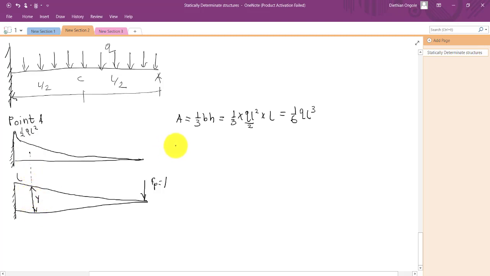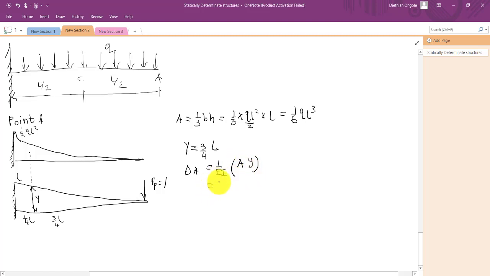From the idea of similar triangles, this part here would be 1 over 4L, then this side here would be 3 over 4L. So when you use similar triangles here, we find that our Y would be equal to 3 over 4L. Therefore, our delta A would be given by 1 over EI times the summation of AY.